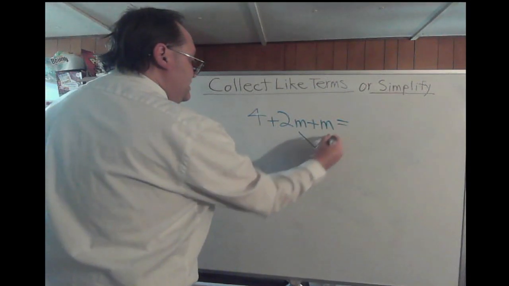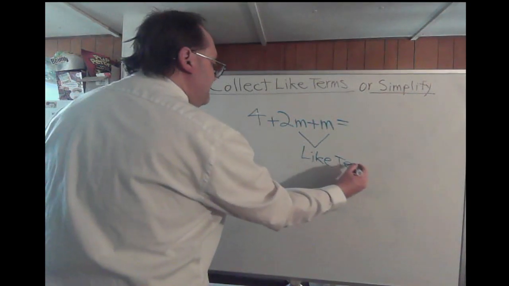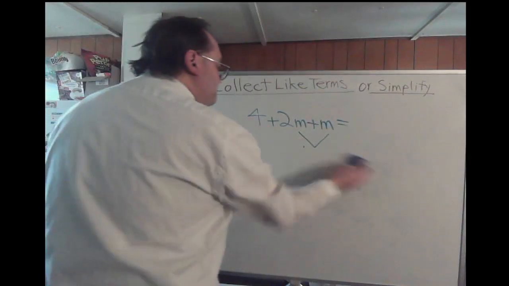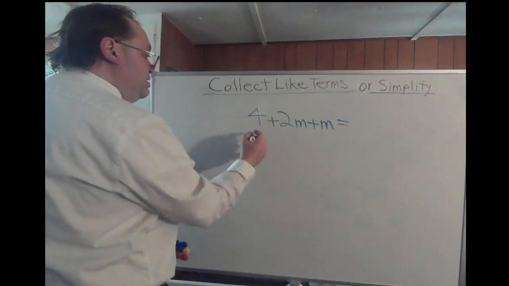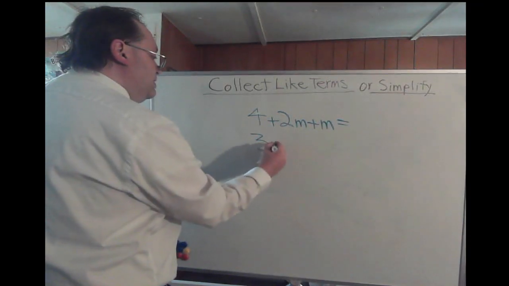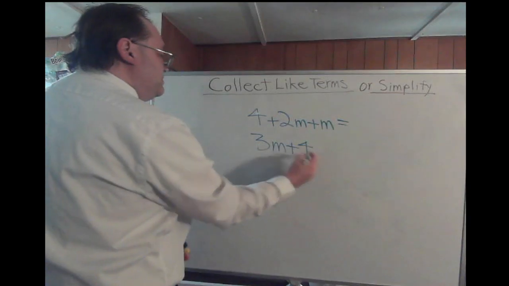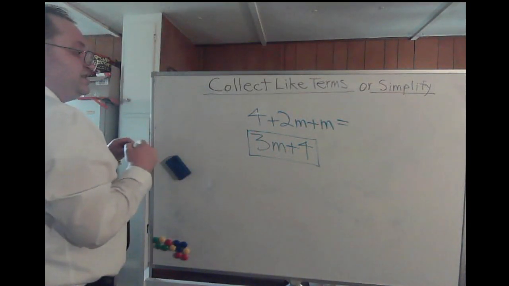They're like terms because they have the same variable. You can add like terms together. 2m plus m, well, that'd be 3m. And then you just have that 4. You can't do anything with that 4, so it's just 3m plus 4 when you simplify.